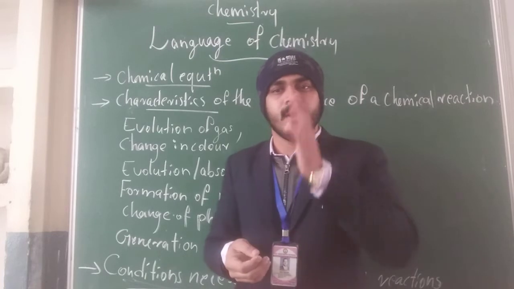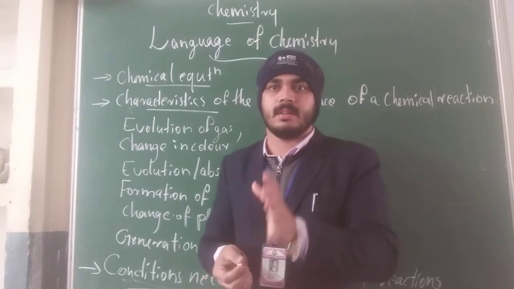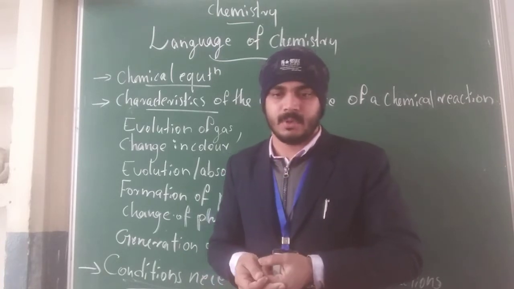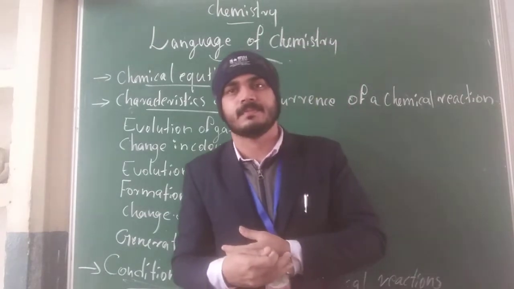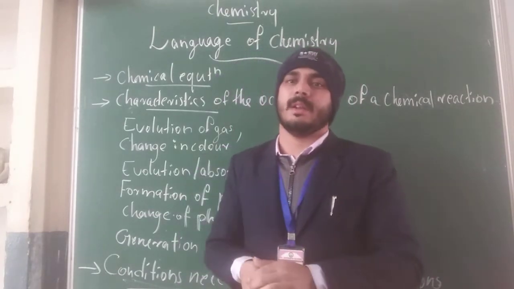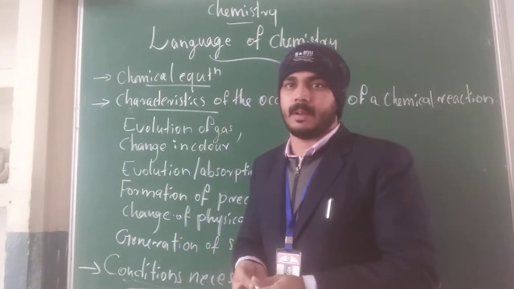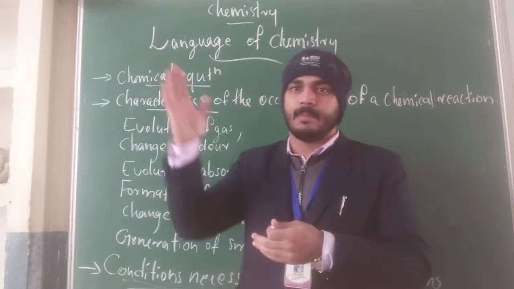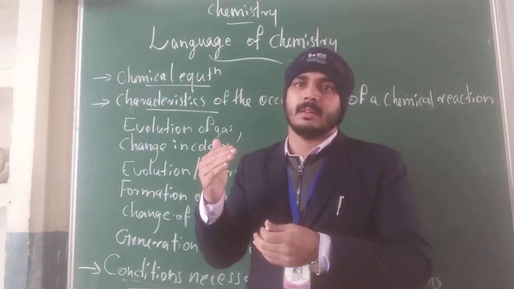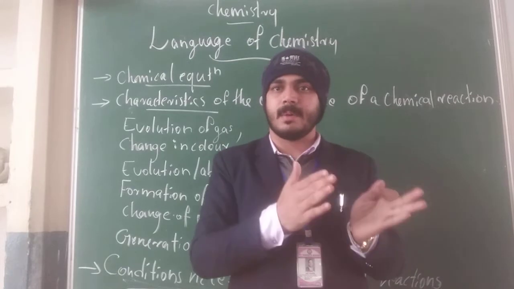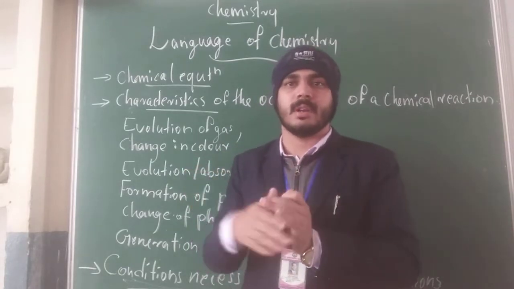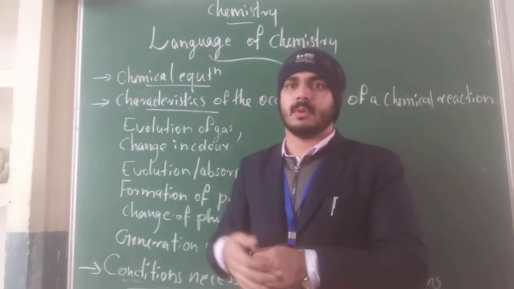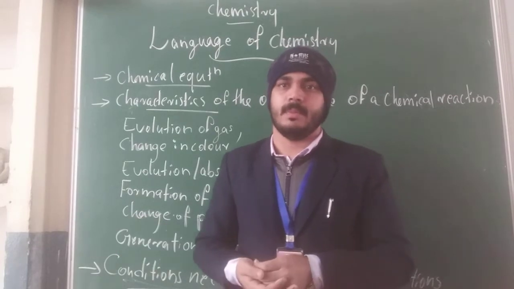Here the chemical reaction must absorb heat. The best example is the photochemical reaction, photosynthesis. What happens? With the help of sunlight, carbon dioxide and water combine together to form glucose and oxygen.